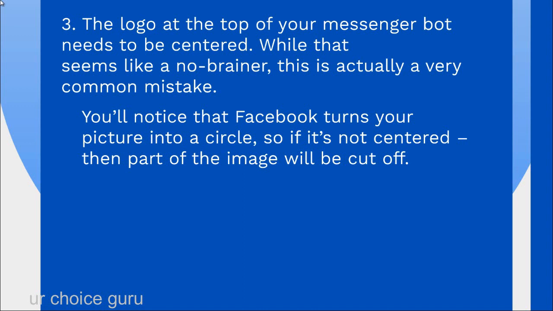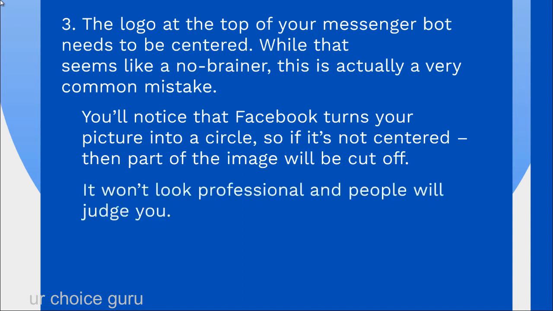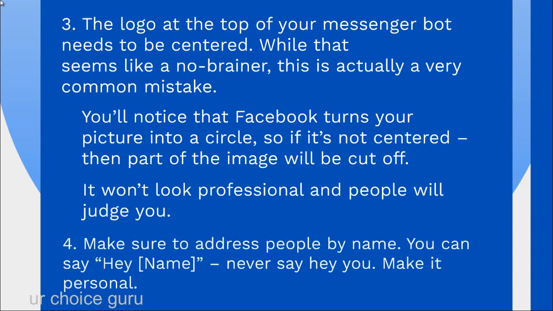Otherwise, that part of the image will be cut off. It's going to look not professional at all, and people will think that you're not professional. And like I said, people will judge you. There's a saying, don't judge a book by its cover. But the reality is that people will judge you by your cover.